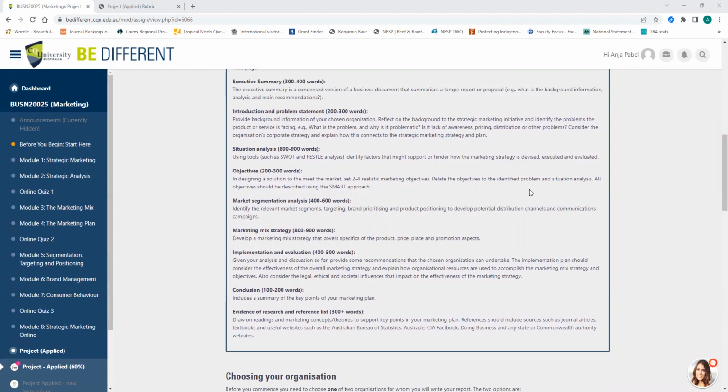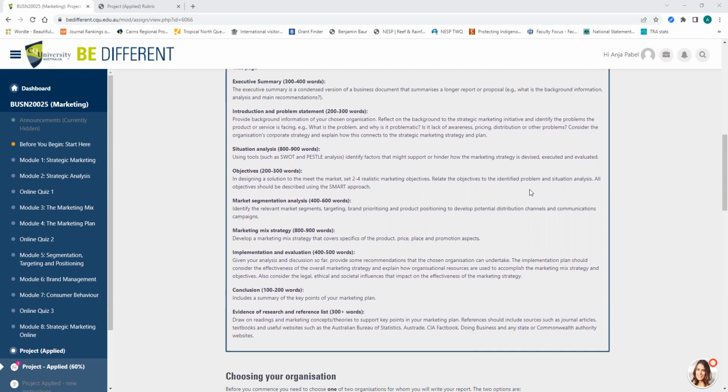So just as an example, you could include the objective of driving newsletter signups by increasing the click-through rates on social media by 5% in 2 months' time. So you can see it is quite specific. It states exactly what this is about.